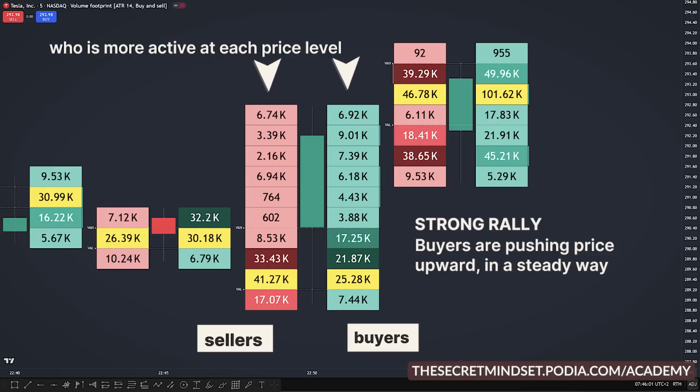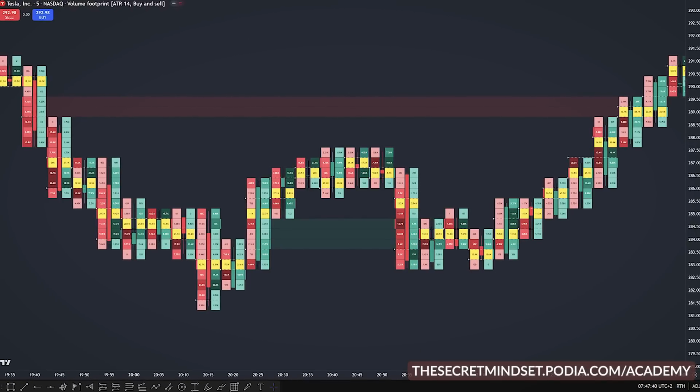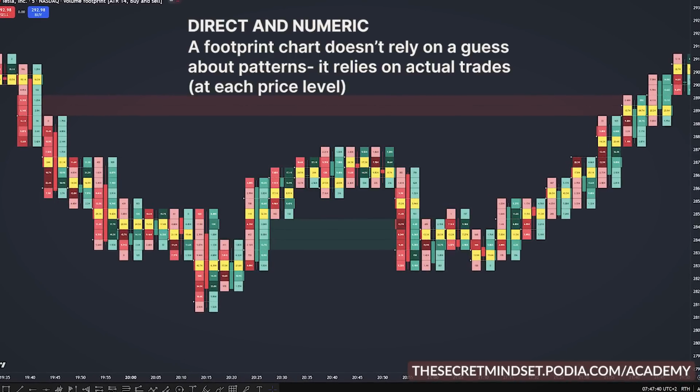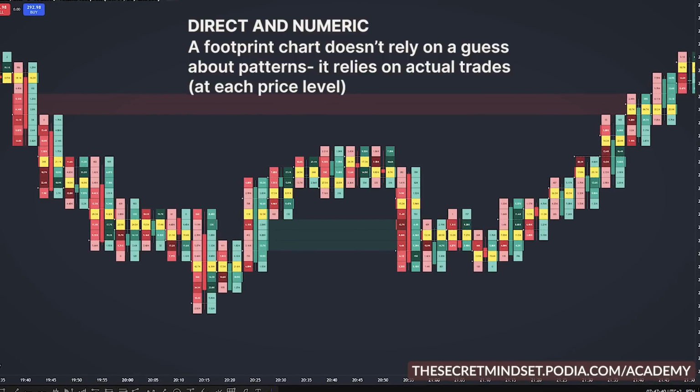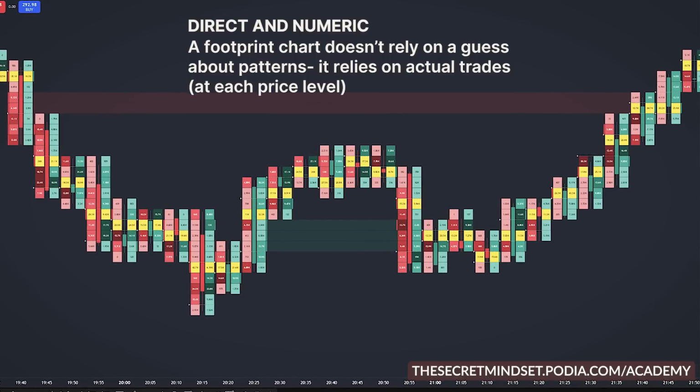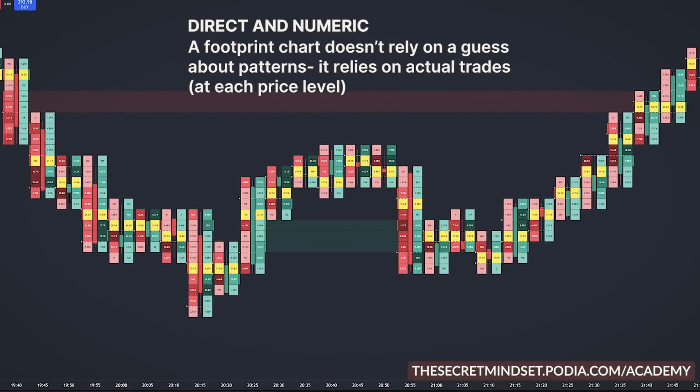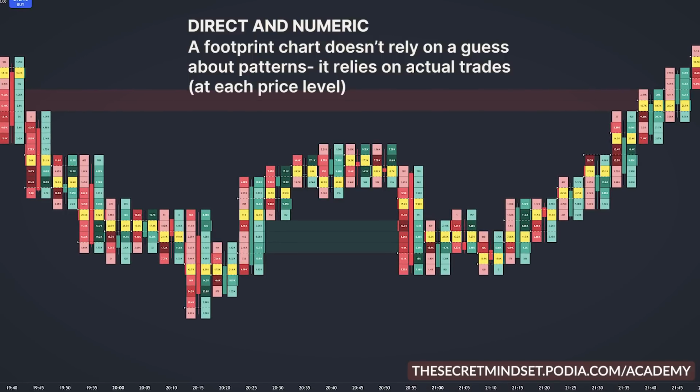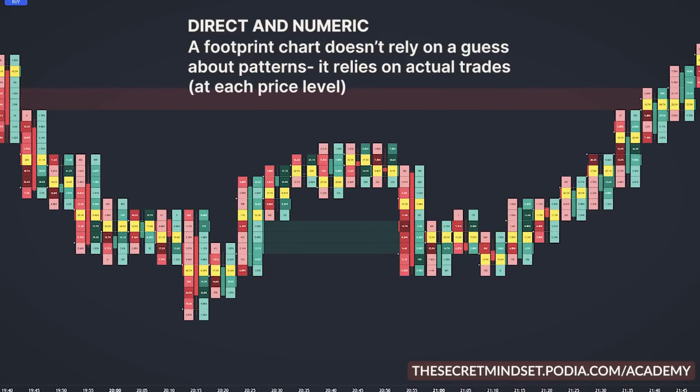In a strong drop, it can reveal if sellers keep hitting the market with large orders. This method is direct and numeric. A footprint chart doesn't rely on a guess about patterns. It relies on actual trades. Each block of traded contracts or shares is visible at each step.